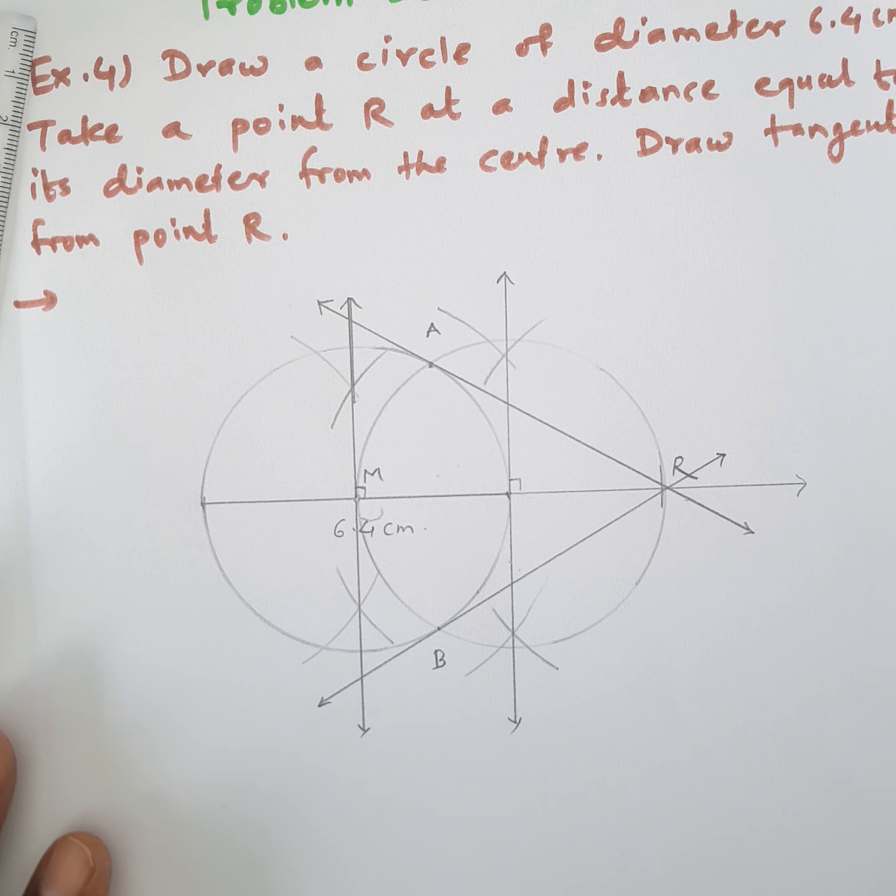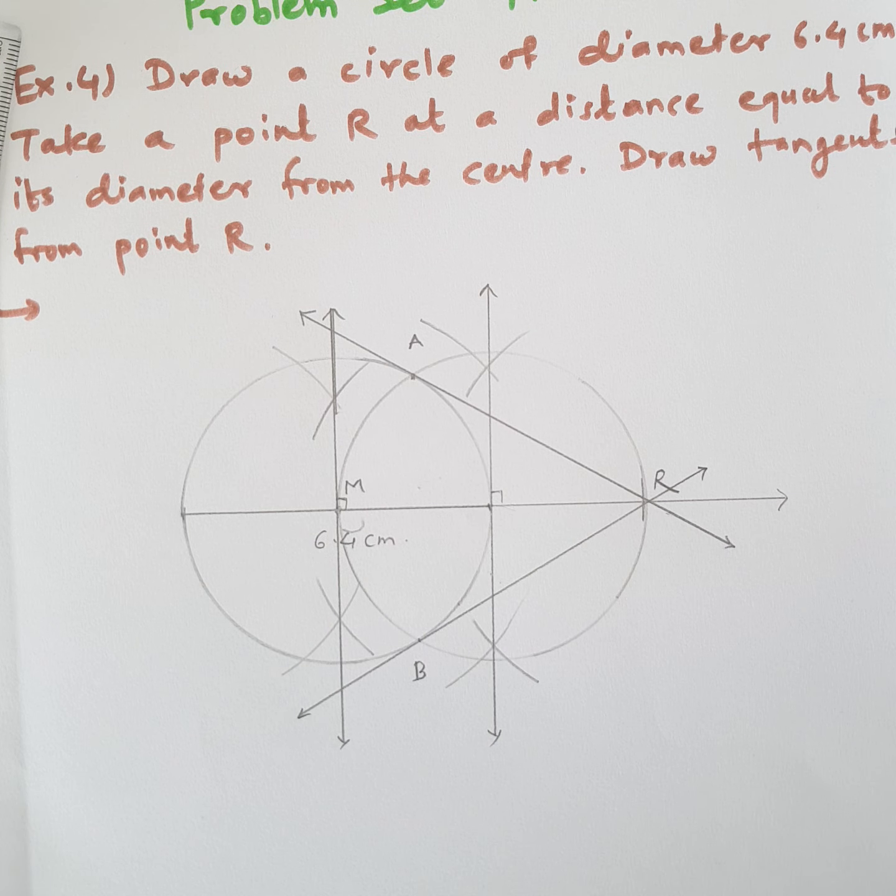This is our construction of tangents through point R to the circle.